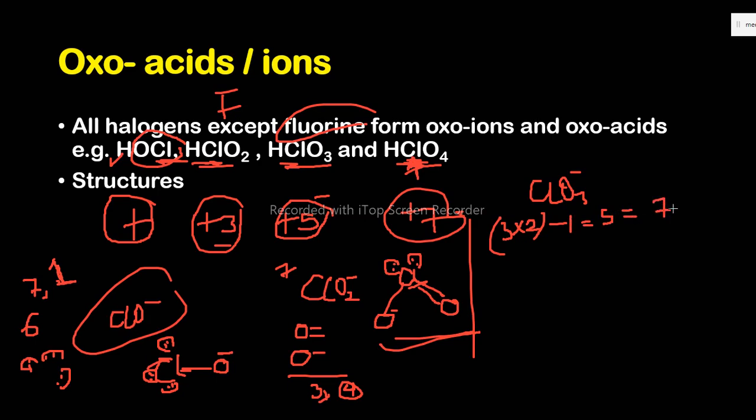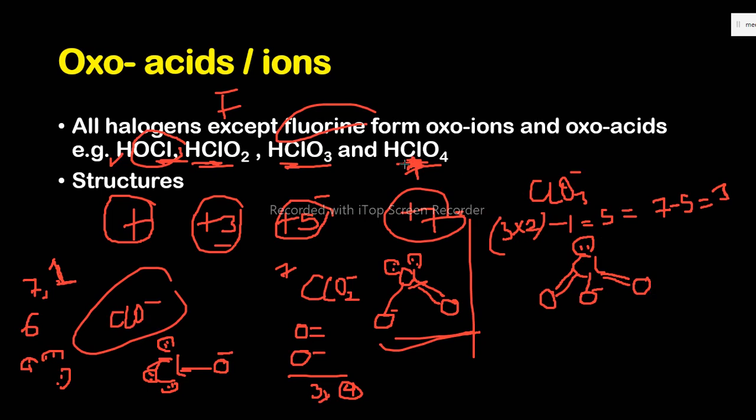It has 7 outermost electrons minus 5 used in bonding, so it has 1 lone pair. Therefore it will have such a shape: you have your lone pair here, one oxygen here, another oxygen going to the other side, and another oxygen here.